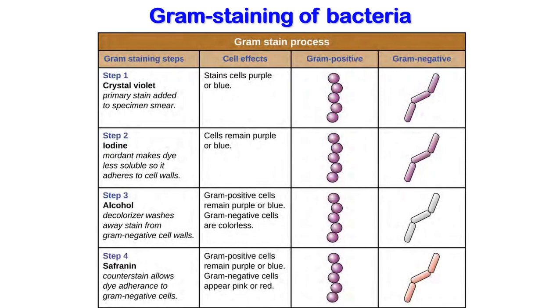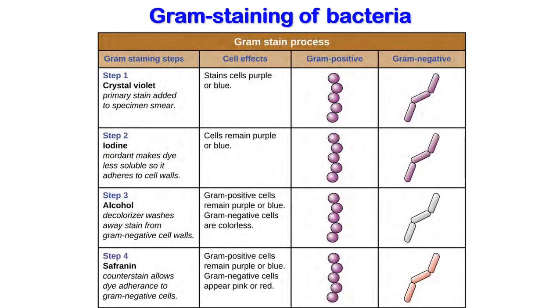And this stains all the cells purple, both the gram-positive and the gram-negative. Then the second step is to add the iodine solution, and the cells remain purple at this point. Then the third step is to add the alcohol, which washes away the stain from the gram-negative cell walls. However, the gram-positive cells remain purple when the gram-negative cells become colourless.